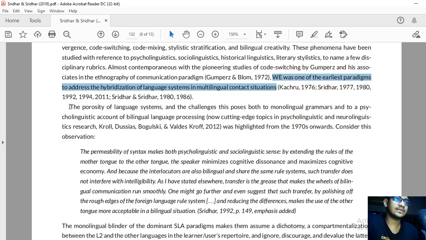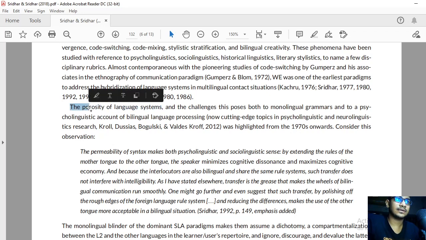The porosity of language systems. Porosity comes from the word porous, which means that it has space in between, like a sponge, so it can absorb things. The main thing in this word is that it can absorb. The porosity of language systems means that they can absorb things from other languages to become more convergent, to bridge the gap and become even more enriched.